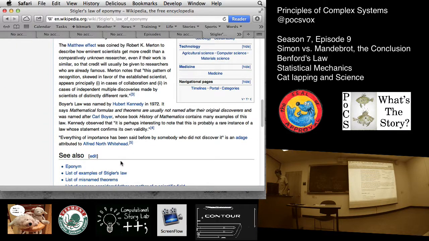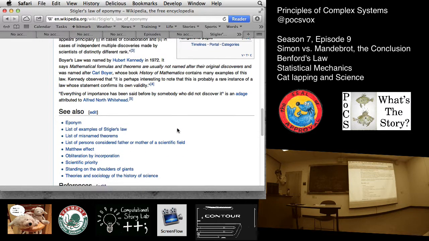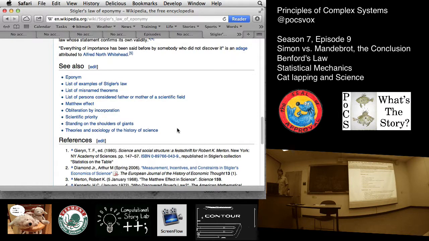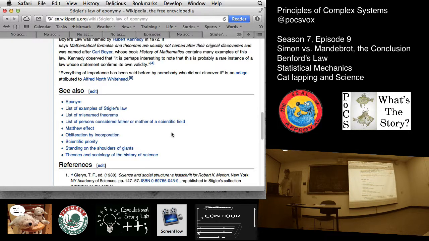There's the Matthew effect. We've talked about that. There's one called Boyer's law, actually. So there's even another branch that mathematical formulas and theorems are not named after their original discoverers, the dead monks that no one talks about. It should be just called a 1,000-monk theorem, a 100,000-monk theorem. It's just some combination of Lagrange and Gauss, right?